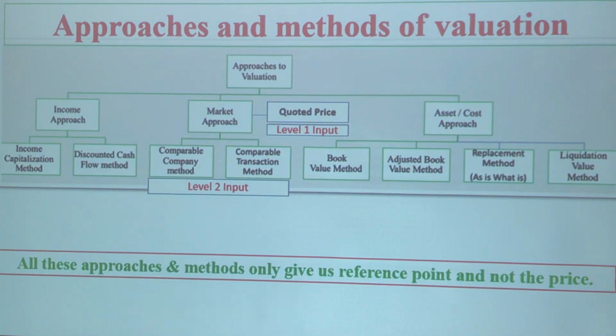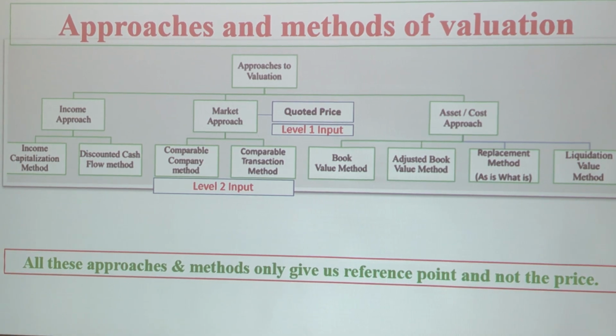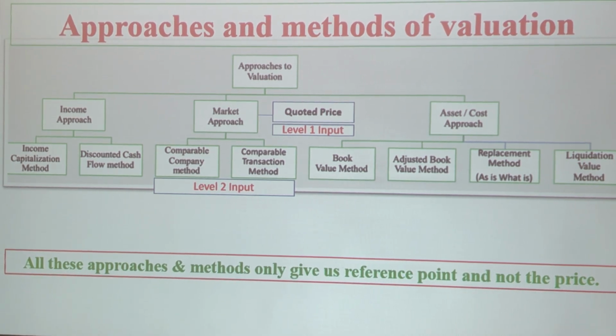Level 2 input would mean that if the asset or the company is not listed on an exchange, how do you do the valuation? Because the quoted price is not available. So you will use the level 2 input. The meaning of level 2 input is using a comparable method.